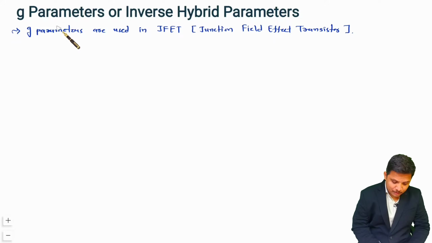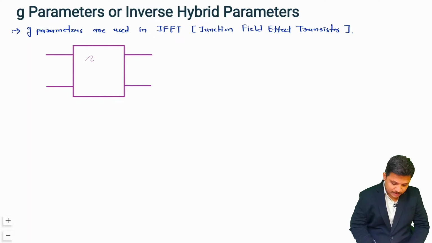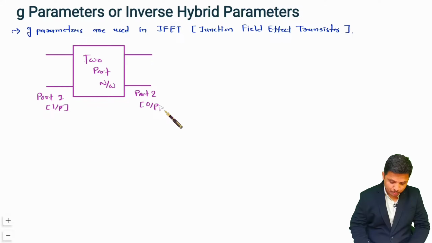Now I'll explain the G parameter, or the inverse hybrid parameter, in a two-port network. So let me draw the two-port network first. You can observe here we have a two-port network. This is my port 1, also referred to as the input port, and this is my port 2, referred to as the output port.